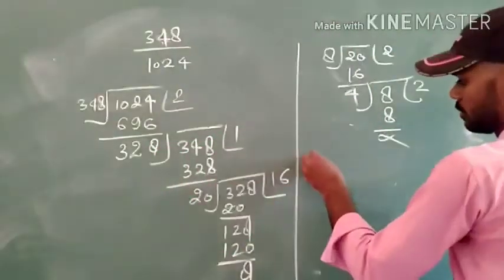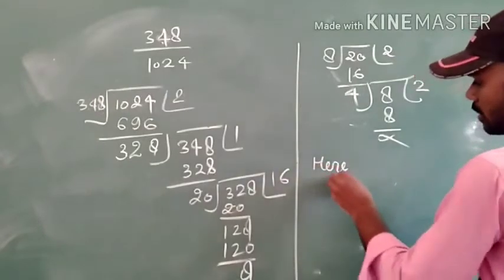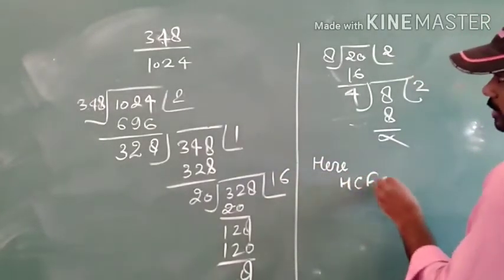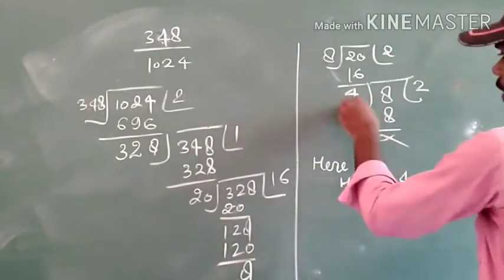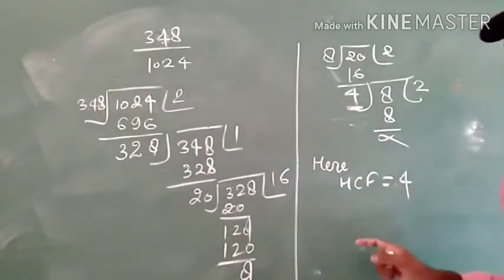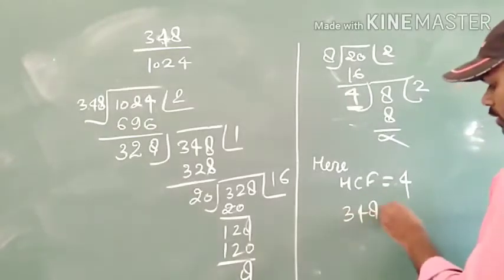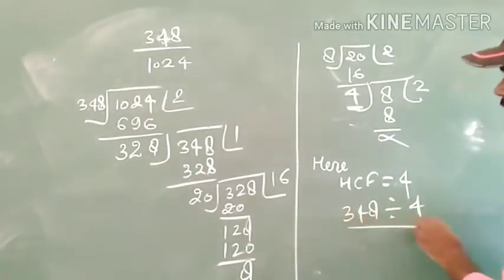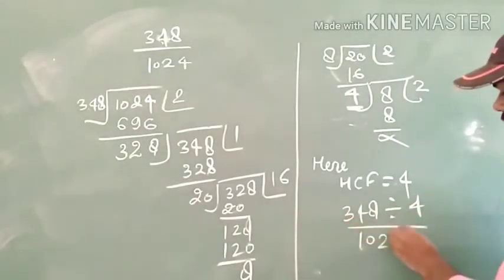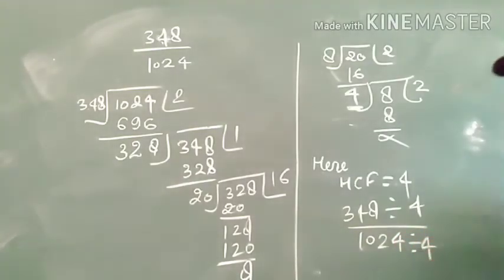Here HCF is 4. Now we have to divide 348 over 4 and 1024 over 4.